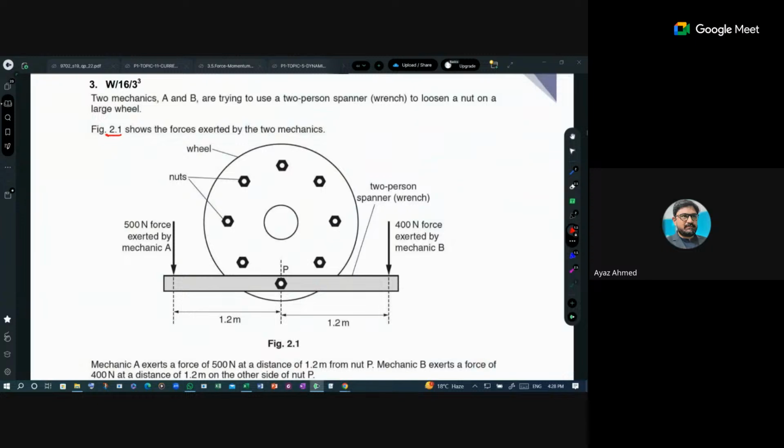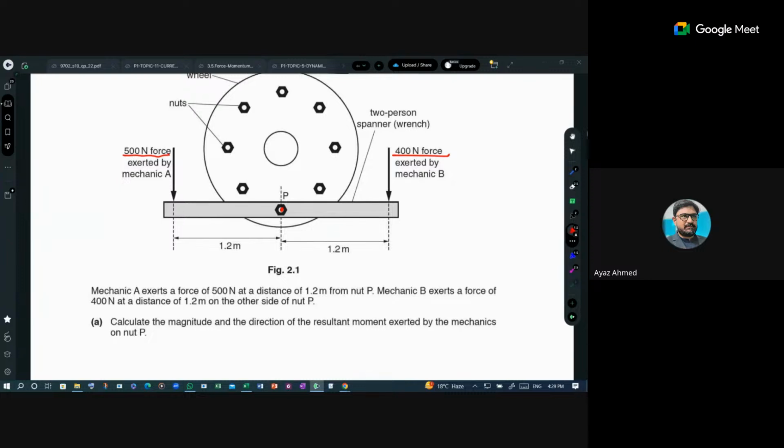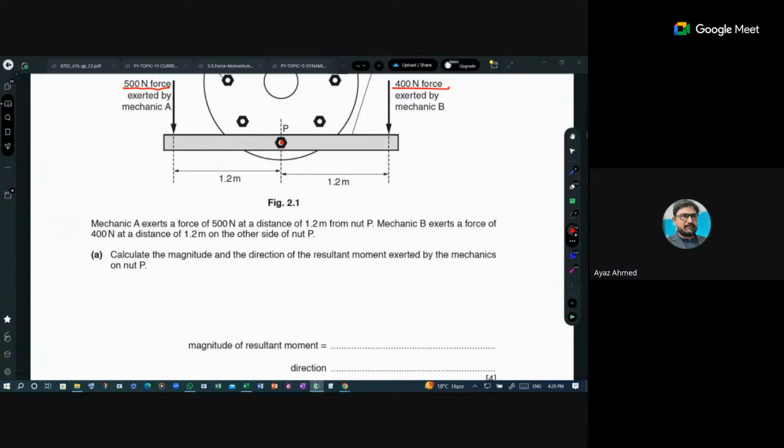Figure 2.1 shows the forces exerted by the two mechanics. This is 500 Newton force exerted by mechanic A and 400 Newton force exerted by mechanic B, downward. This is the nut which is being opened, right? The total distance from the nut is 1.2 meter on both sides. Calculate the magnitude and direction of the resultant moment exerted by the mechanics on nut P.